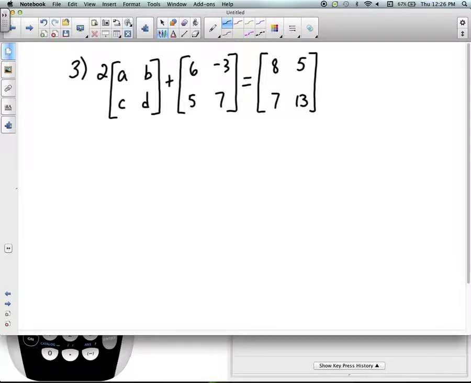So here we can kind of take the same technique. The matrix here is a little bigger, it's a 2 by 2. So first thing I might show is the subtraction.